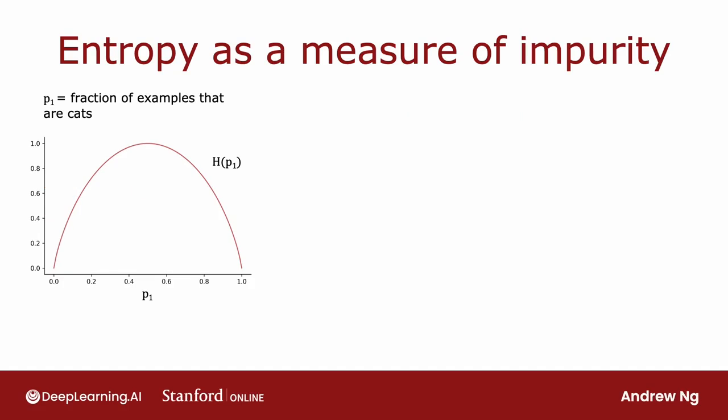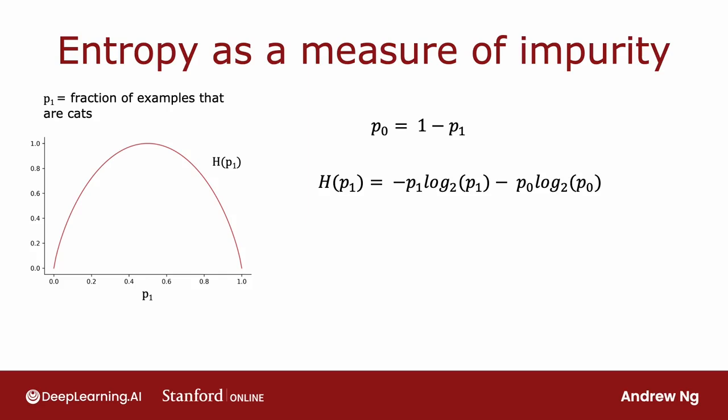Recall that P1 is the fraction of examples that are equal to cats. So if you have a sample that is 2/3 cats, then that sample must have 1/3 not cats. So let me define P0, the fraction of examples that are not cats, to be equal to 1 minus P1. The entropy function is then defined as negative P1 log P1.